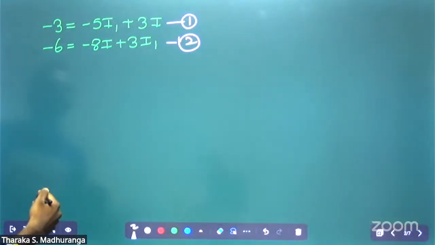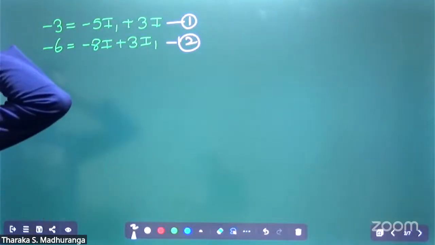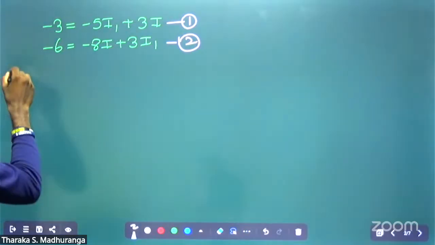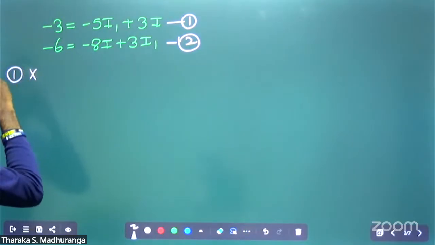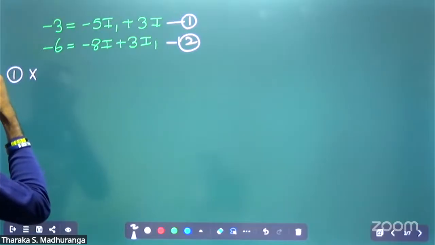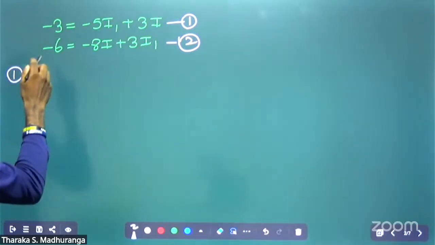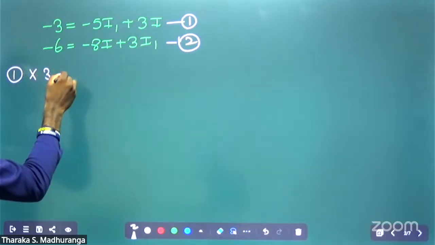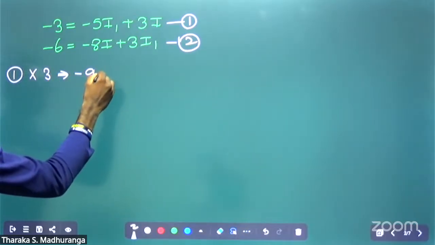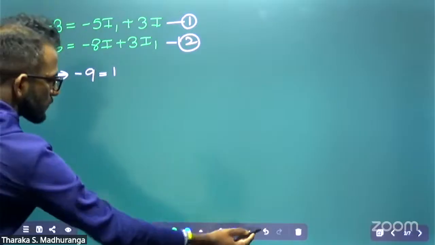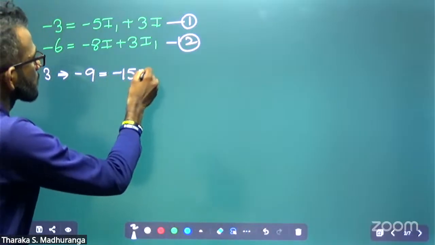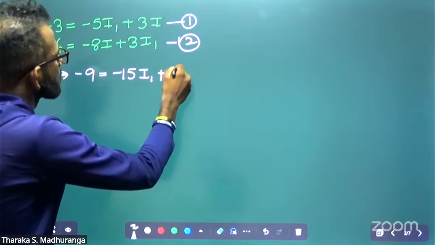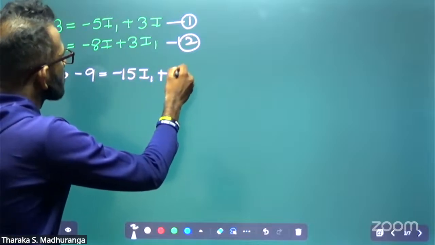Therefore I can multiply my first equation by 3: minus 9 equal minus 15I plus 9I1.